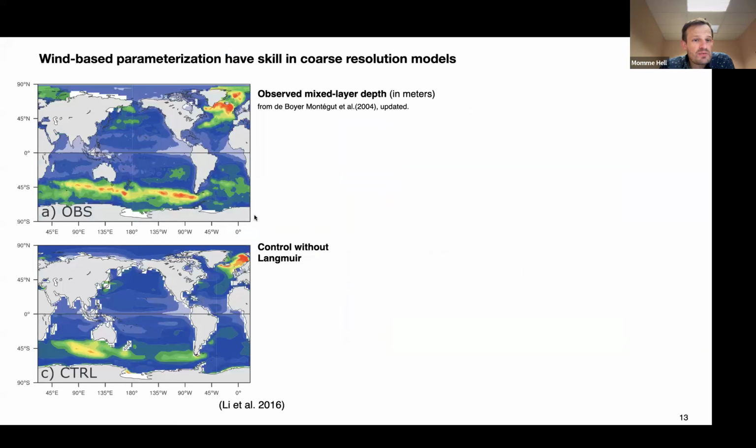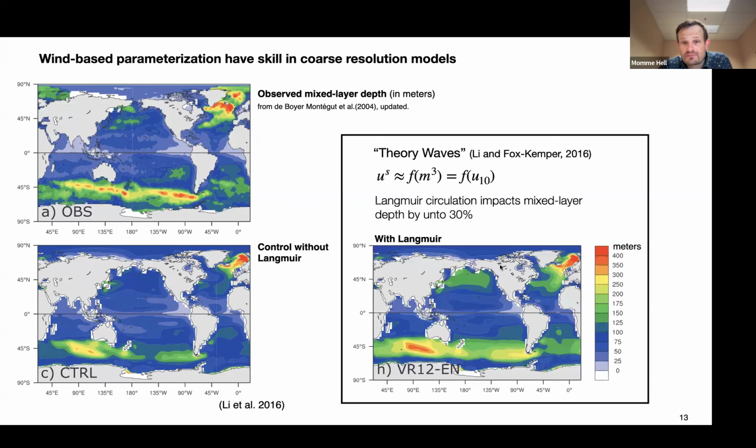A case where the wind-based parameterization seems to be fine is the mixed layer parameterization based on Stokes drift from Li and Fox-Kemper, that's here applied in CMIP-class low resolution models. You see here the observed mixed layer depth based on Argo in the winter hemispheres. These are both winter hemispheres. And then you see here a control run from CESM2 without the Langmuir parameterization for the mixed layer.